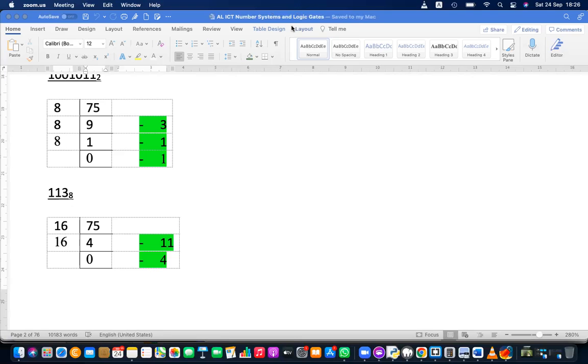So you can write this as 4, 11 is B. 4B is the answer. In the pattern method, pattern again, binary number is 1001 00, sorry 011.